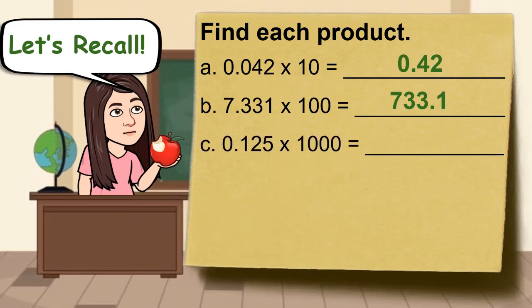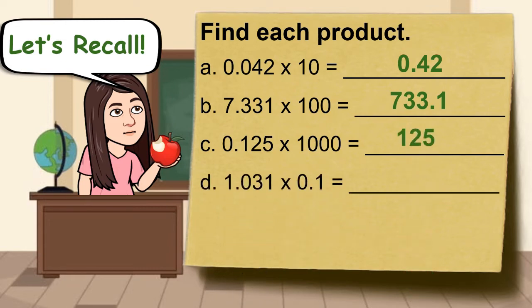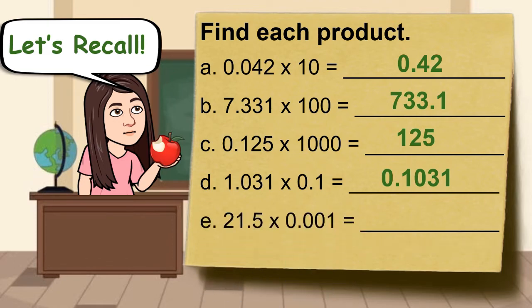Letter C. 0.125 times 1000 is 125. Letter D. 1.031 times 0.1 is 0.1031.